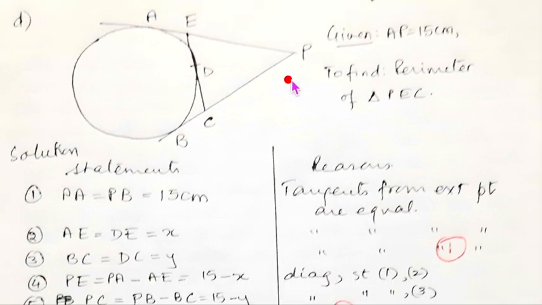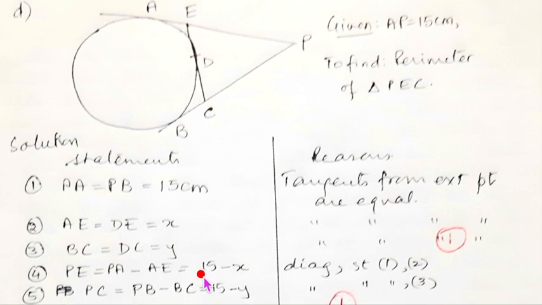Now we are to focus on this triangle. We need the perimeter, means PE plus ED plus DC plus PC. All right. Now your PE is going to be AP minus this.